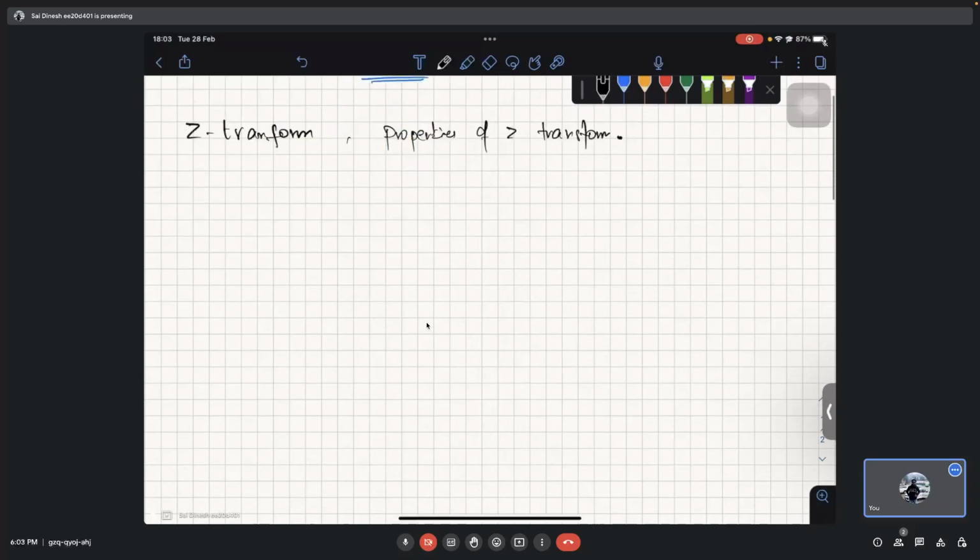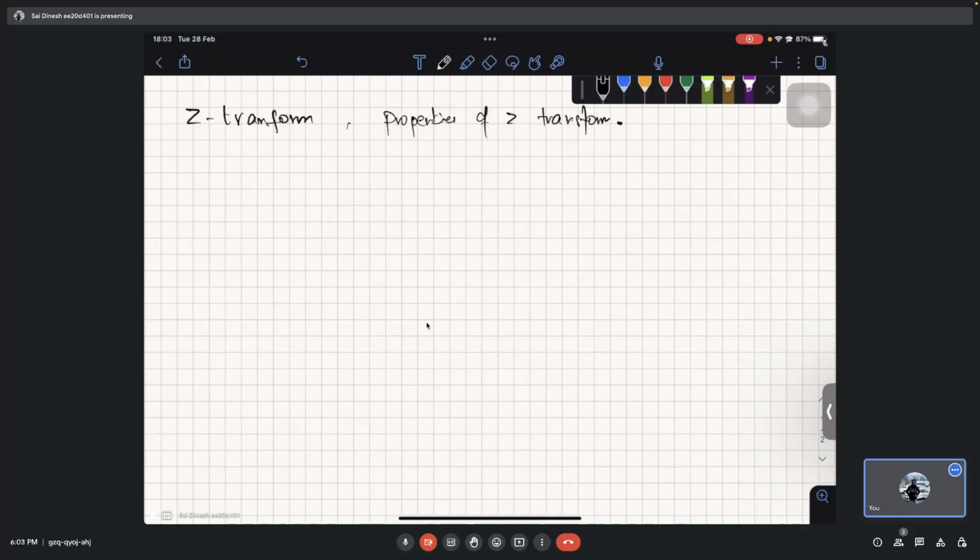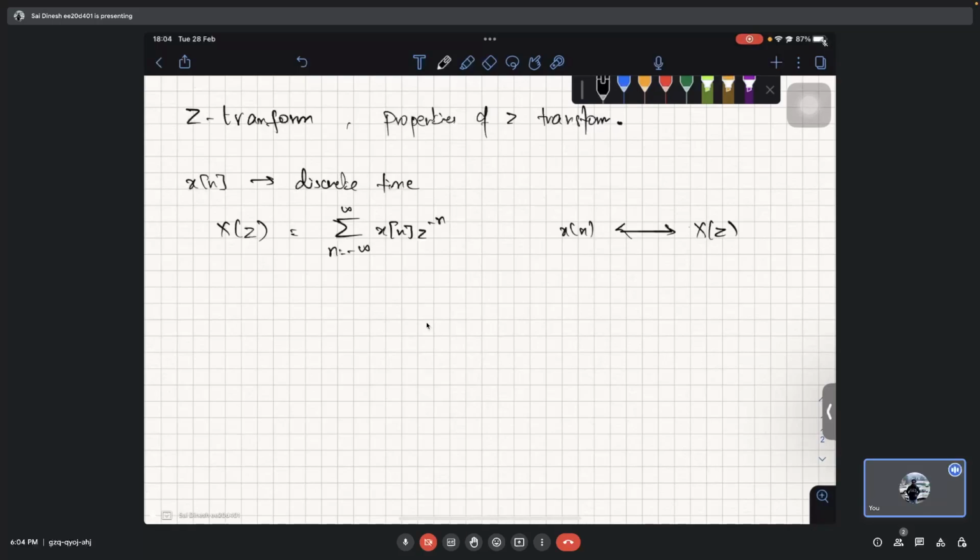I think from the last lecture, I have already introduced the Z transform. Let's say we have a discrete time signal x of n, and its Z transform is X of z equal to the sum over n from minus infinity to infinity of x of n z to the power minus n. Notationally, we write it as x of n and capital X of z.